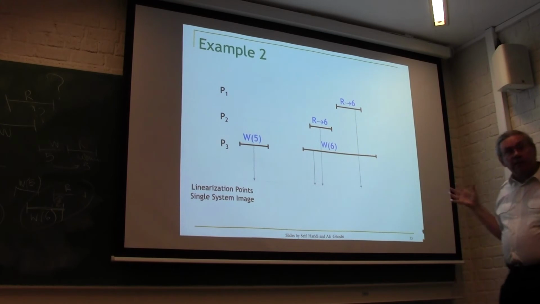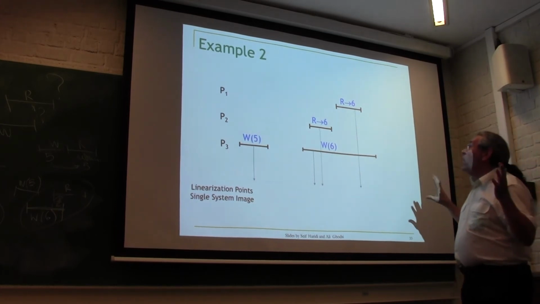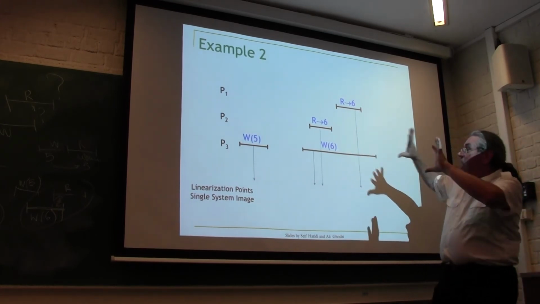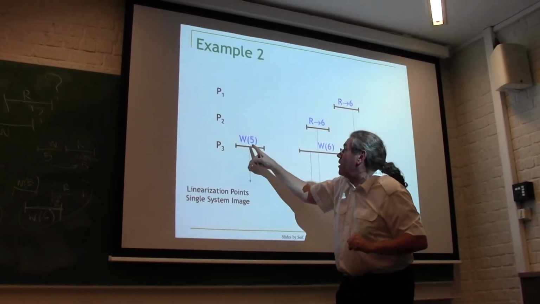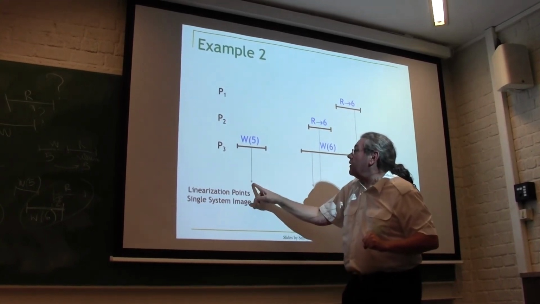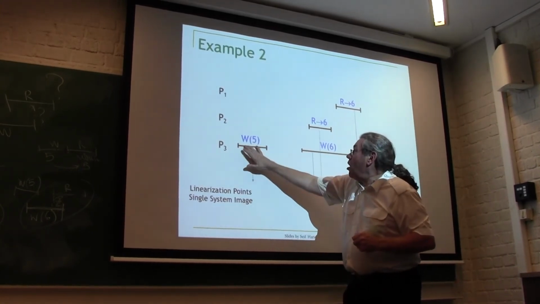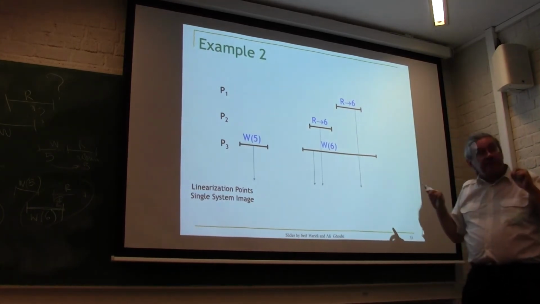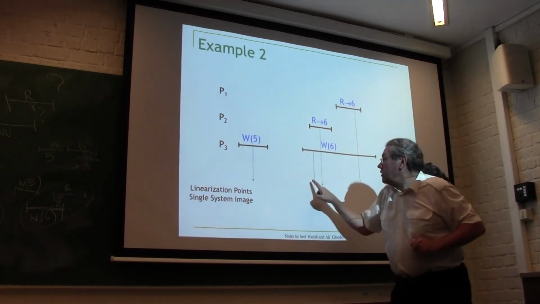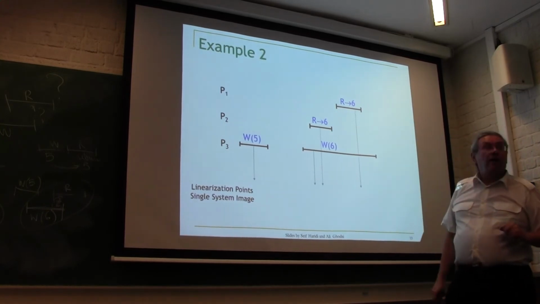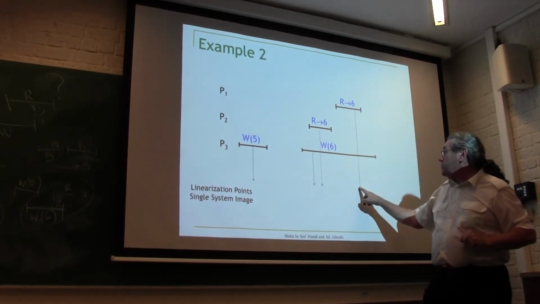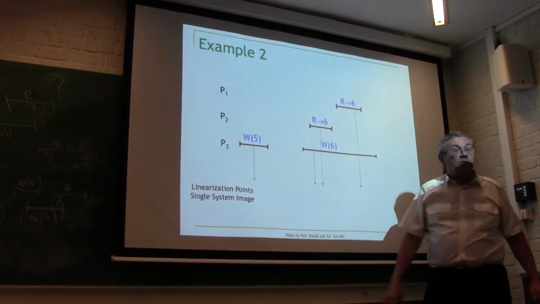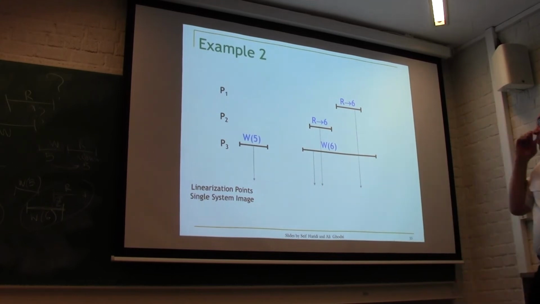But our view of it is kind of vague, because all we know is that the write is somewhere in here. We actually don't know if there's a point here. But our view of it is completely consistent with these single points. So if we actually would have been able to do it instantaneously at these points, we would get the same values.